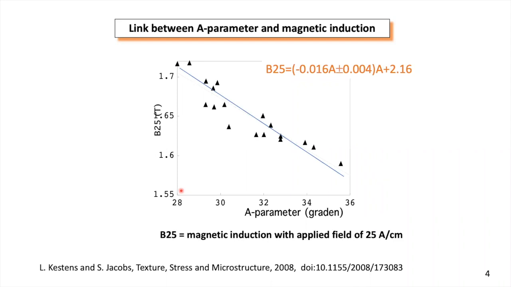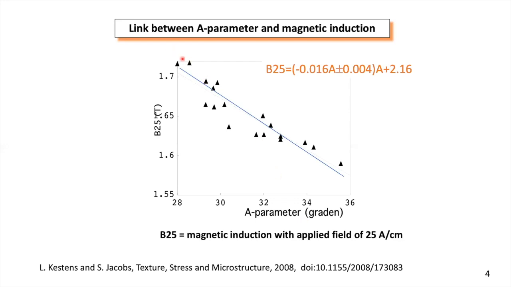And here on this graph, for example, you see on the vertical axis the magnetic induction with an applied field of 25 ampere per centimeter. That is a magnetic property. And on the horizontal axis, you see this A parameter. I will not go into detail, but it is a typical texture parameter. It's a parameter that you can directly extract from a texture measurement on the steel alloy.